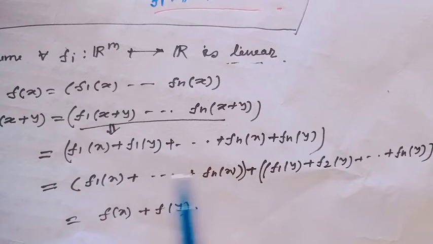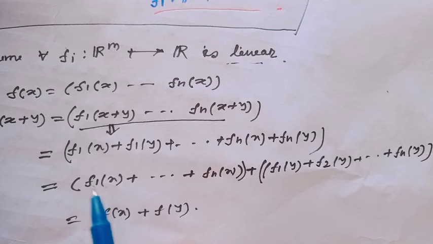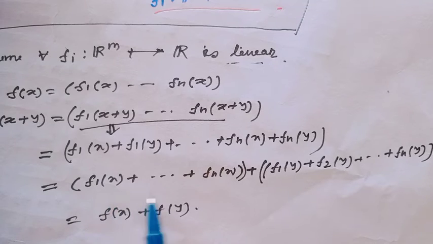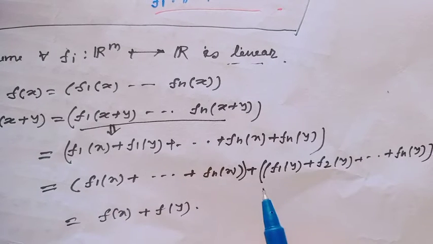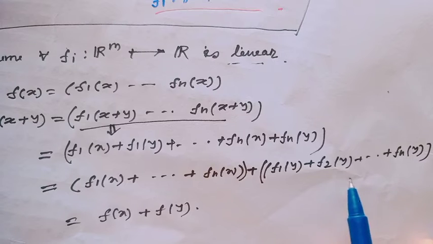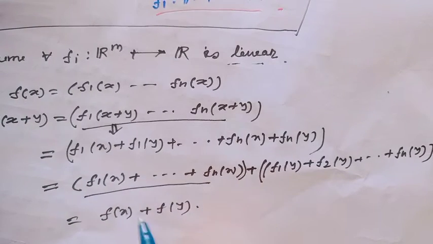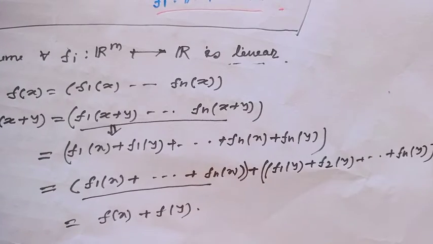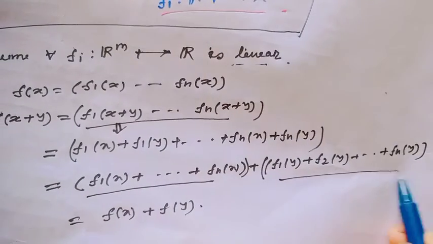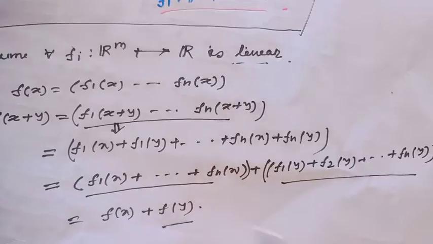Arranging this very clearly, it is (f1(x) up to fn(x)) plus (f1(y) up to fn(y)). This is f(x), and this part is f(y).